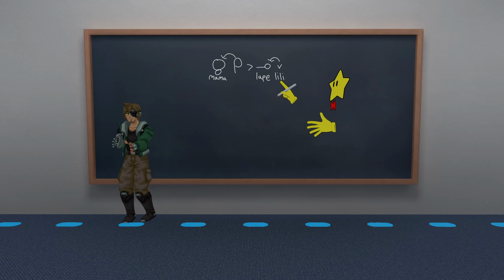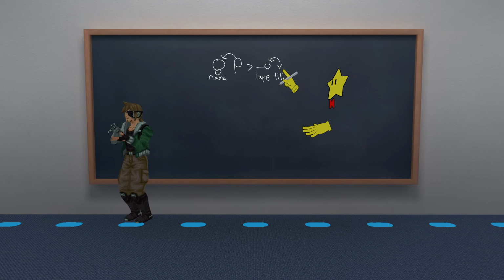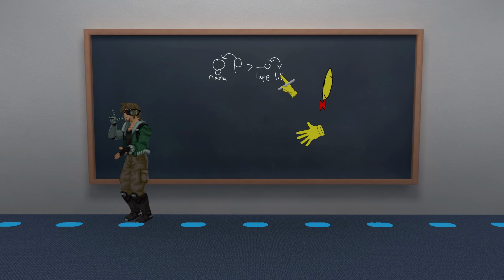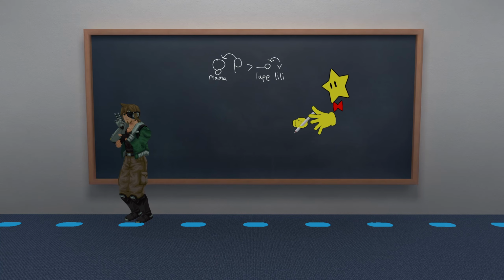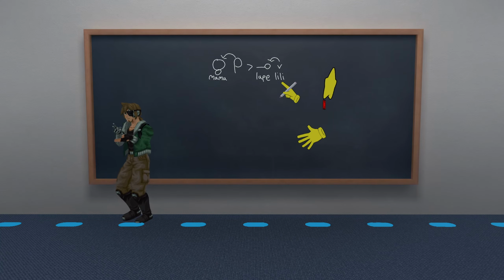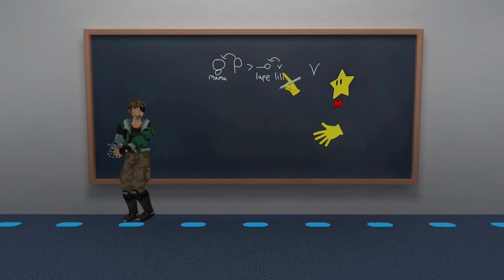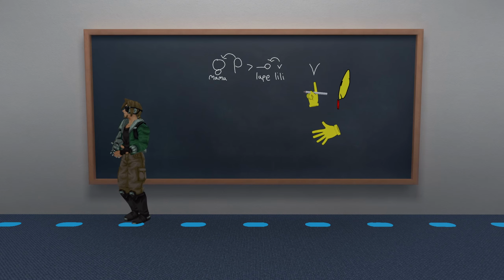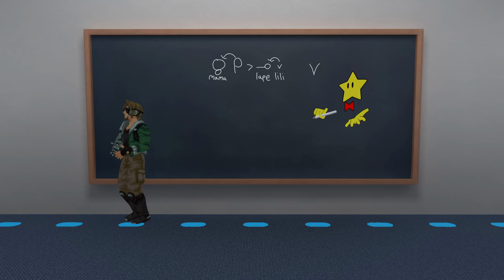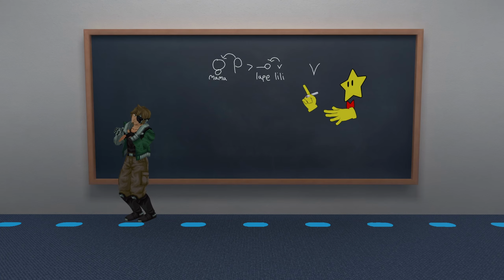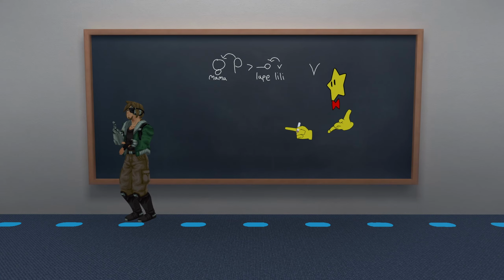Right, then we have lili. If you're paying attention, you'll notice that a lot of these symbols, the Sitelen Pona symbols, are similar to one another. We saw that with the pronouns, mi, sina, and ona. They're all different ways of pointing with your hands, basically. Lili is very similar to suli, but it's smaller. And we remember that suli is large or important. Lili is small, any sort of small.